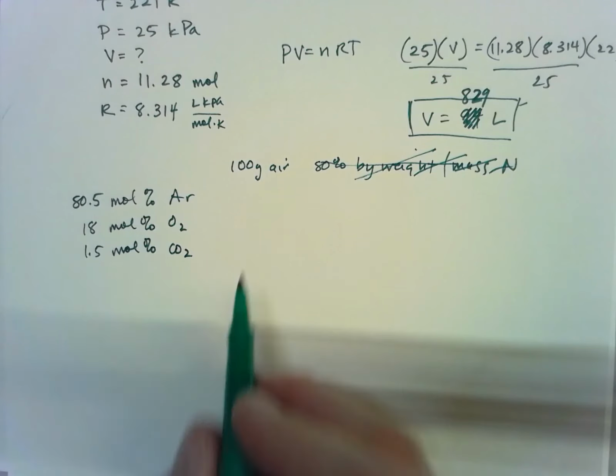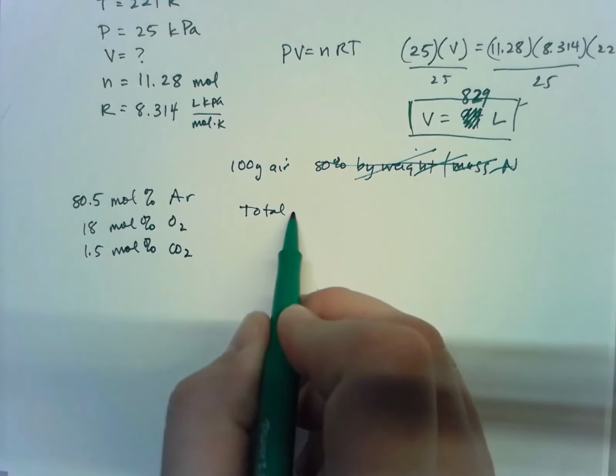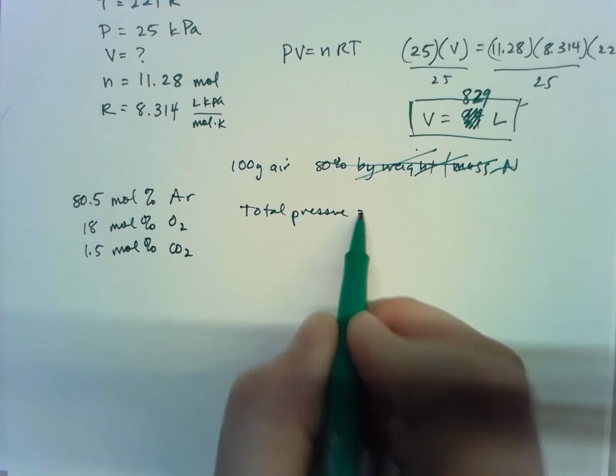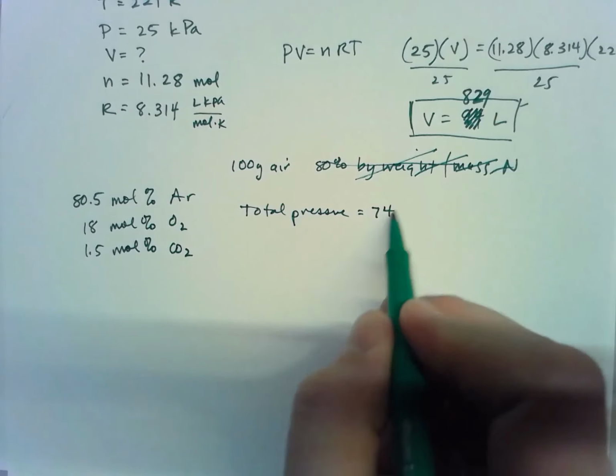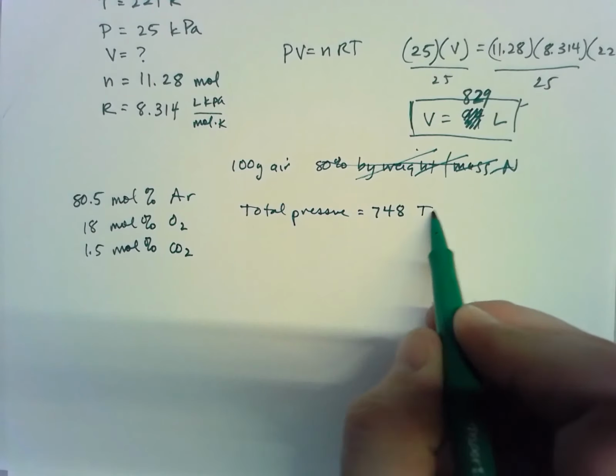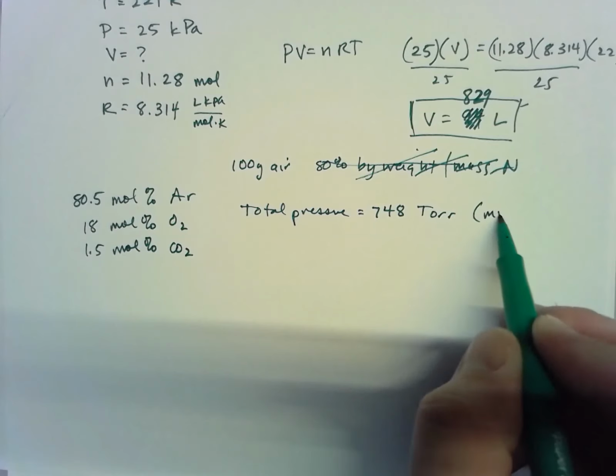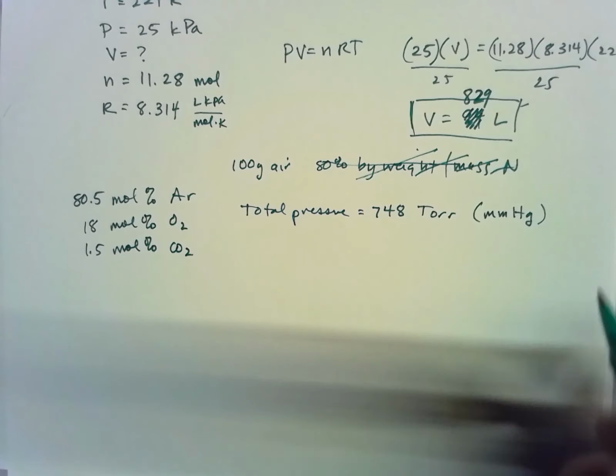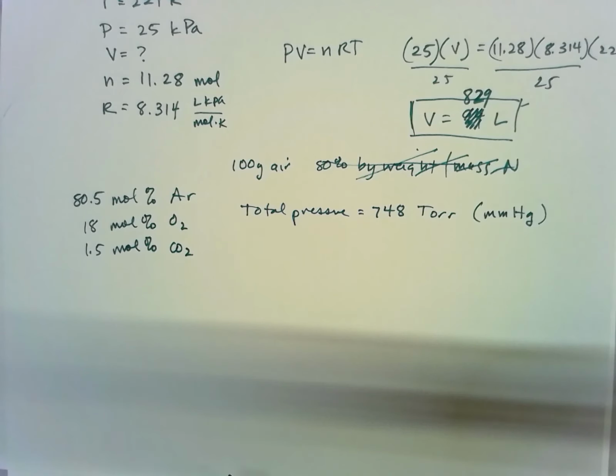All right. Total pressure, 748 torr. Okay, remember that's also like millimeters Hg, right? And you'll see that in the R values, that they're the same for the gas constant.